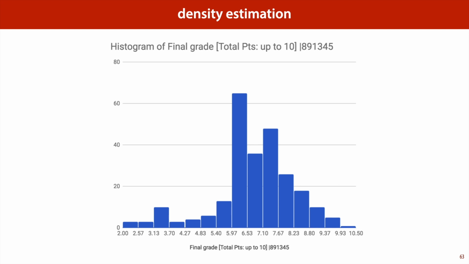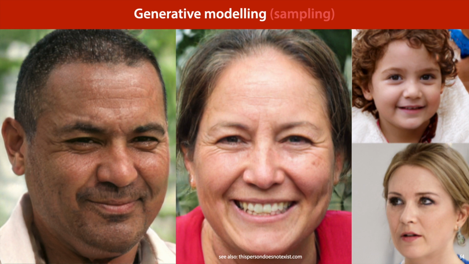If your model becomes even more complicated, then it's often no longer possible to give good estimates of the density in feature space, and the only thing you can do is sample more likely points from your model, sample points that are like the data that you've seen. Here is a very powerful example of that, because these people that you see here are people that don't exist.